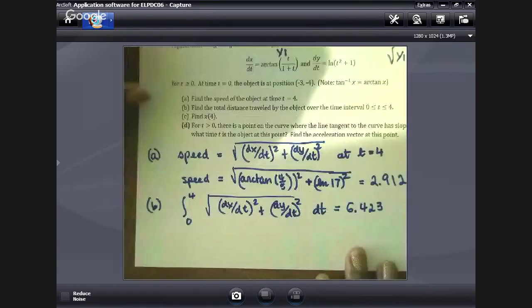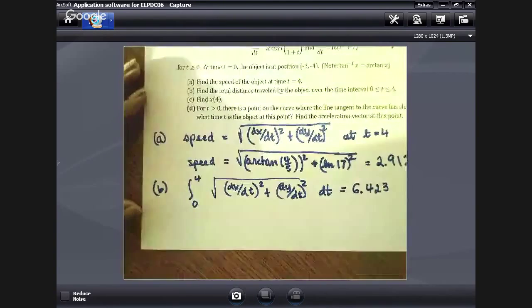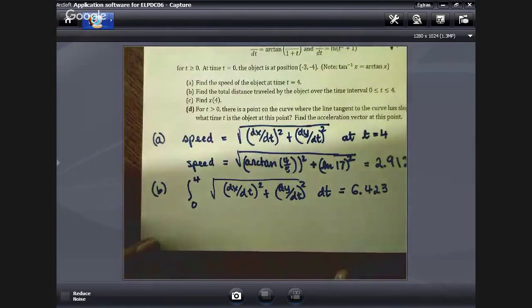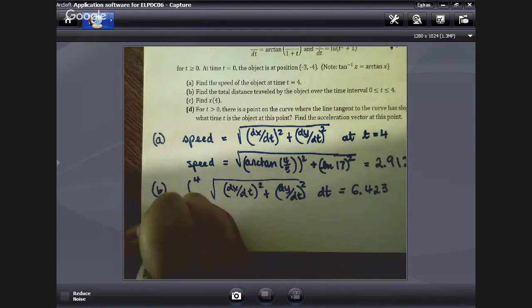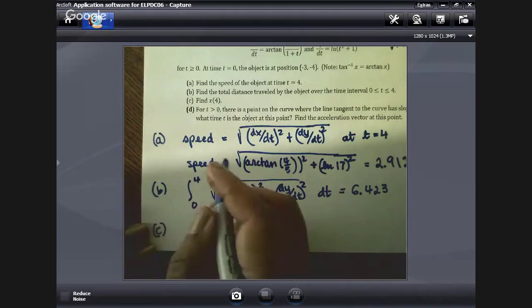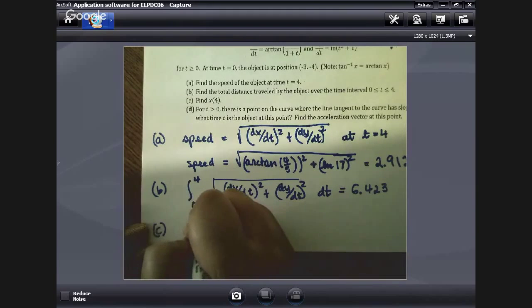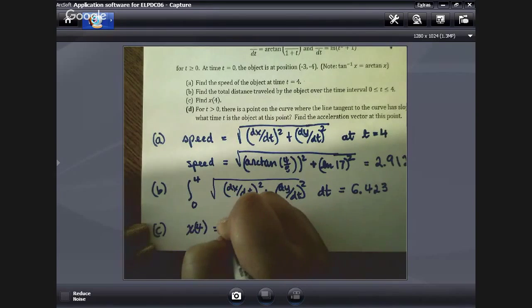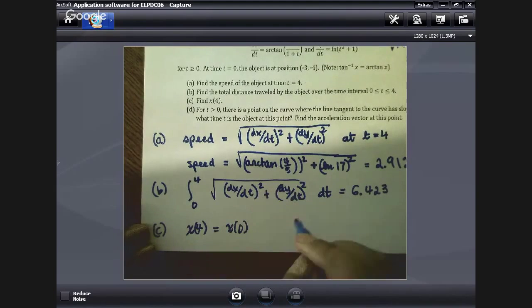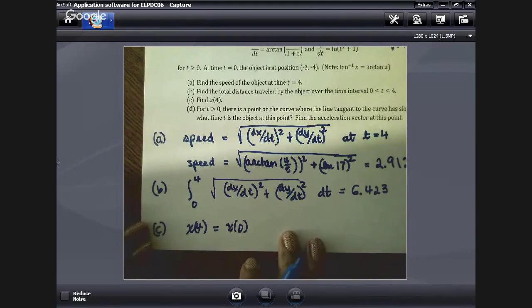Part C, find x of 4. Well, last time we found a y coordinate. This time we're finding an x coordinate. So what did I say again? That the value that I want is equal to some value that I have. And remember that they told me what the position was at time 0.